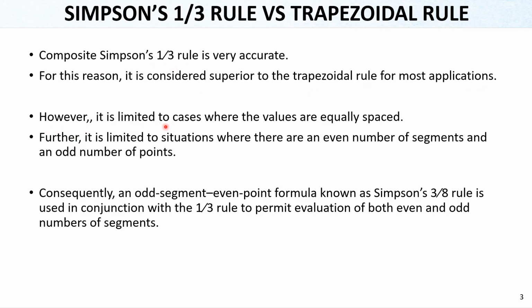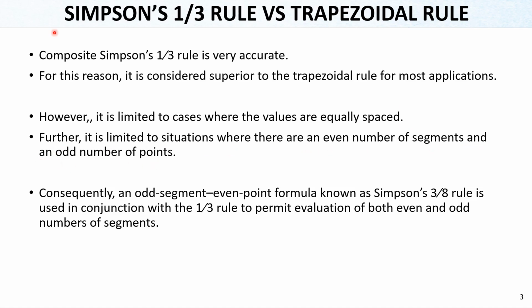However, it is limited to cases where the values are equally spaced. So this is important. If we have equally spaced values, it is usable, but the trapezoidal rule, especially the composite rule, can also be used for non-equally spaced data easily. Further, it is limited to situations where there are an even number of segments and an odd number of points.